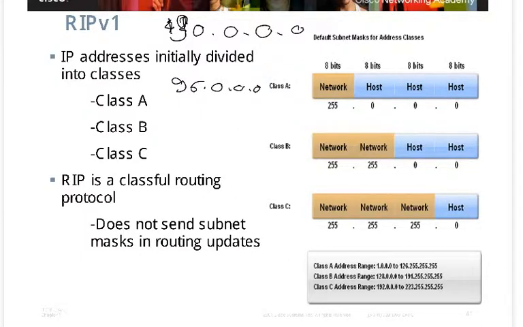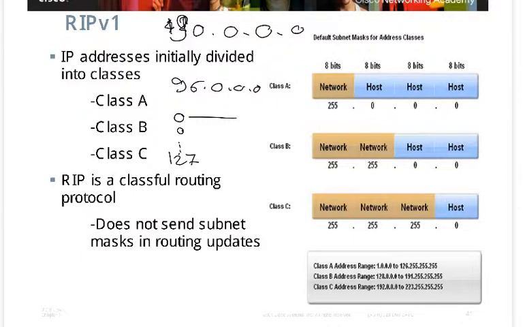We know that class A is all the IP addresses which have a leftmost bit of 0, which means that you have 0, and then anything in this byte, so you start from 0 all the way to 127.